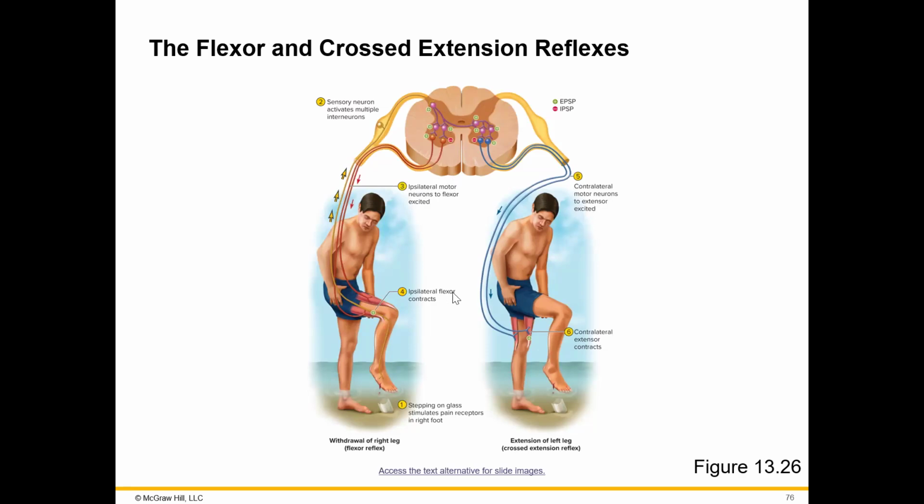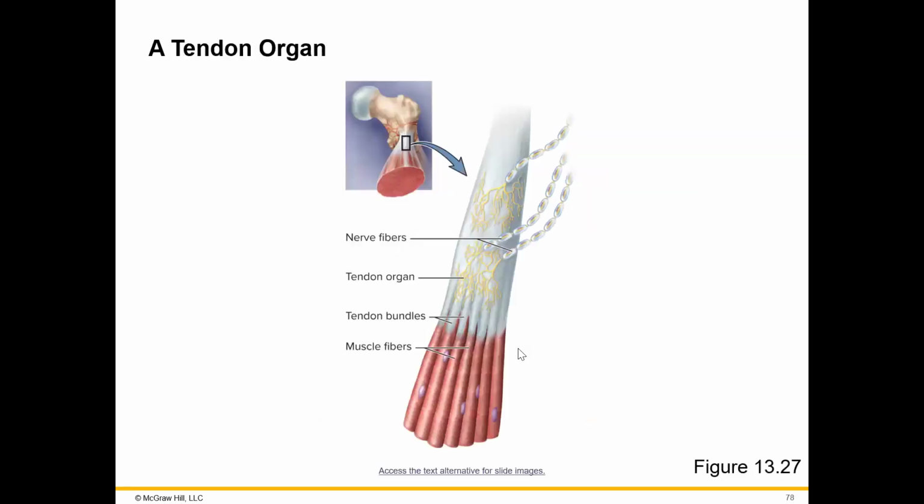So we stimulate the flexor for contraction, and we also send contralateral motor neurons to the extensor. We excite them, causing the extensors to be excited, and that helps you maintain balance. This is amazing. Okay, and this is the nerve fiber. These are the tendon fibers, and these are the bundles.